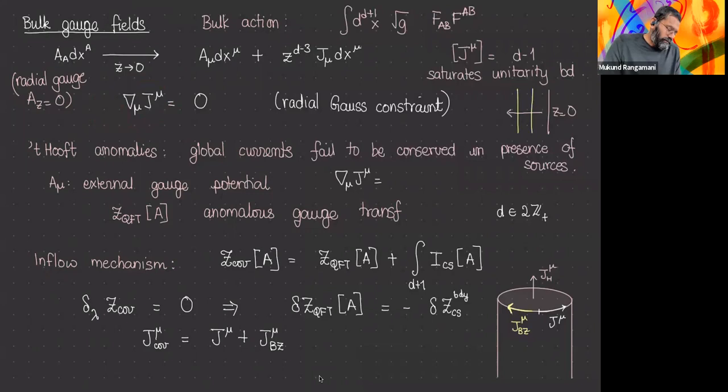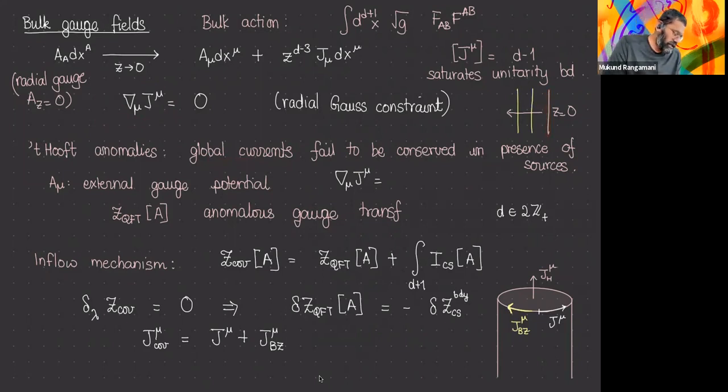One thing I want to point out is that these are global symmetries from the point of view of the boundary. So they could have anomalies, they could have 't Hooft anomalies. And that would typically mean that these global currents are not conserved if you turn on boundary sources.